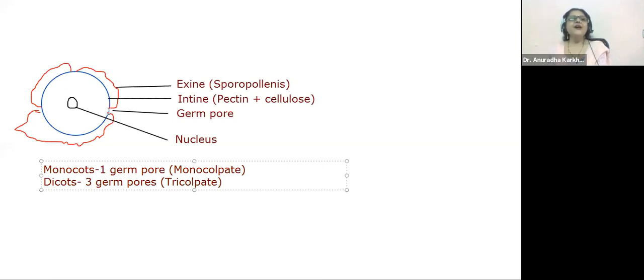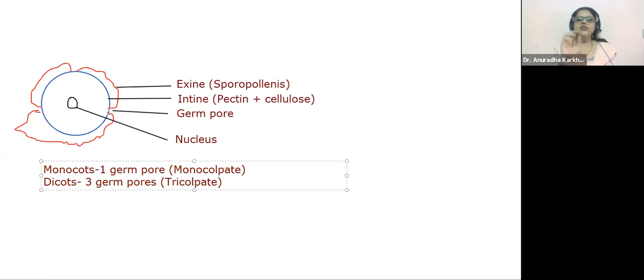Cotyledons means the seed which is going to be formed. If it is divided equally into 2 parts, each of the 2 parts will be called one cotyledon. So if you have seen singdana, normal singdana, when you eat it and open it, you will get 2 parts of it.